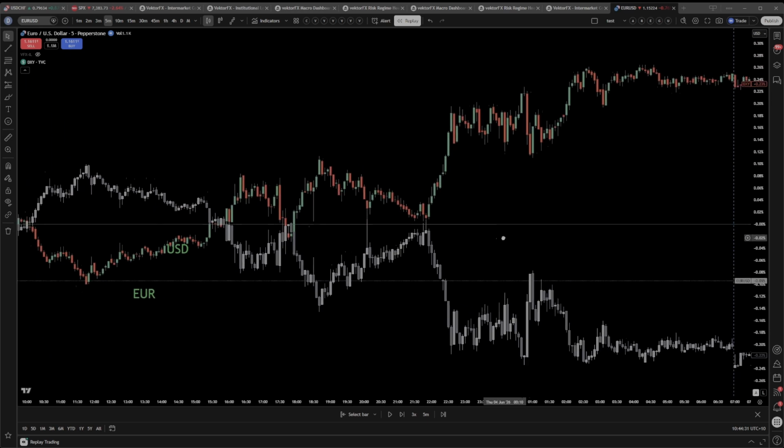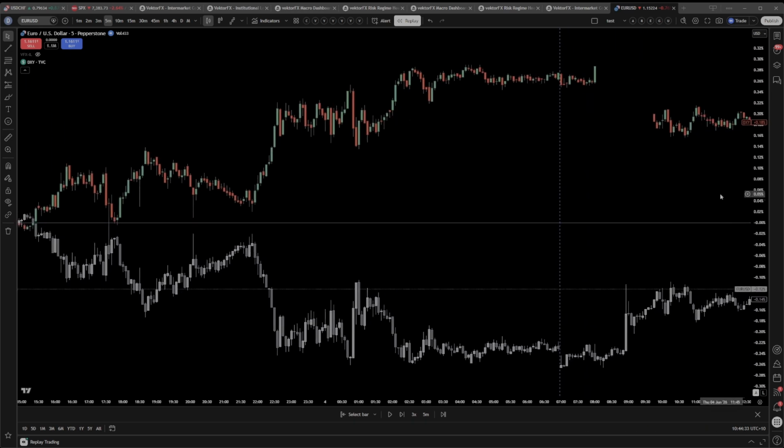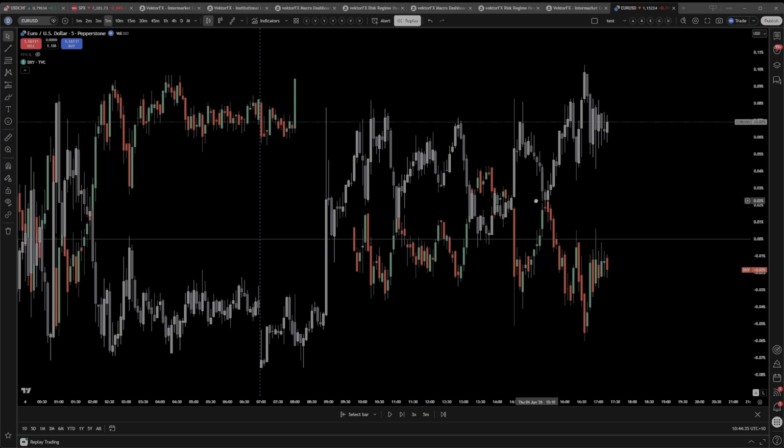And you will see this over and over and over again as we move this chart. And this is what is known as an inverse correlation. So as the US dollar gets stronger, the Euro USD currency pair drops. And as the US dollar weakens against the Euro currency, Euro USD currency pair rises.